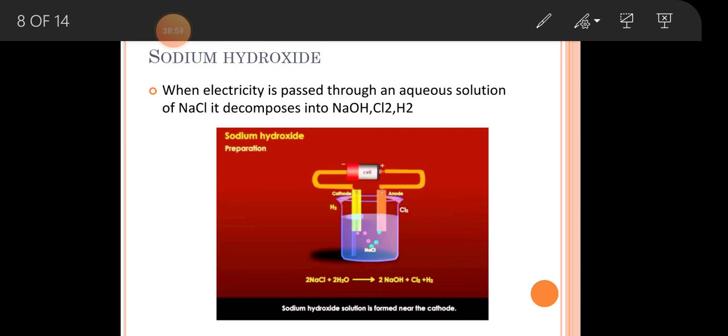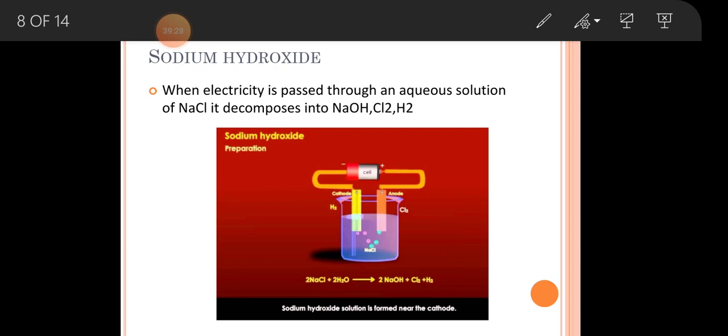Now, what happens is the hydrogen ion moves towards the negative electrode, the cathode, where it gains an electron to form a hydrogen atom. Two hydrogen atoms will combine to form hydrogen gas, H2. On the other hand, chloride ions move towards the positive electrode, that is the anode. Chloride is the anion.